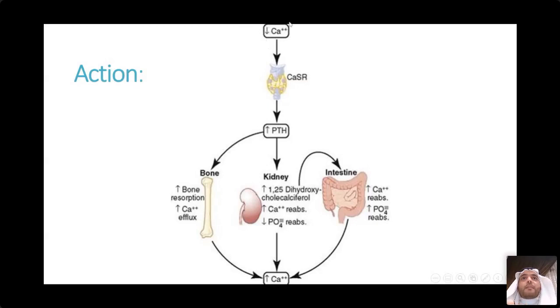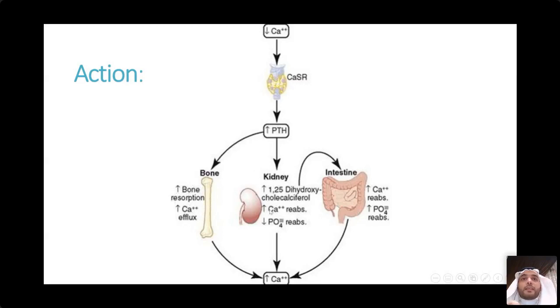So we'll go to the action. Usually, when the blood calcium level is low, less calcium attaches to the calcium sensor receptor found in the parathyroid glands, and less activation of the calcium sensor receptor will lead to increased parathyroid hormone. Parathyroid hormone goes directly to the bone and increases bone resorption, which leads to increased calcium in the blood.